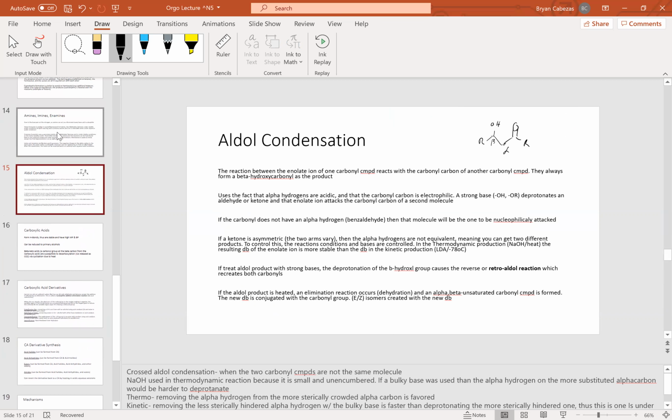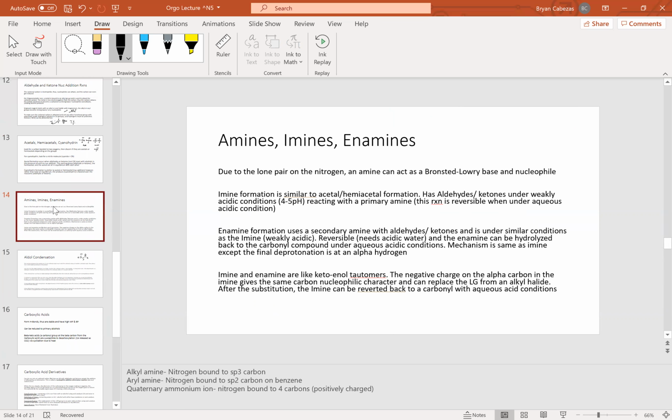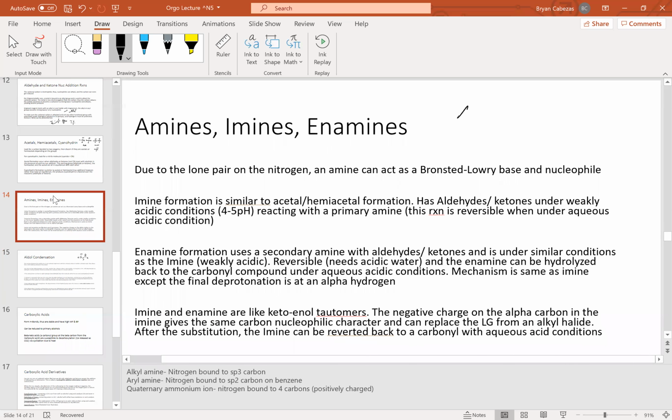So next thing that I want to talk about is the amines, the imines, and the enamines. If you recall what the enamines are: an amine is a nitrogen attached to a carbon group.